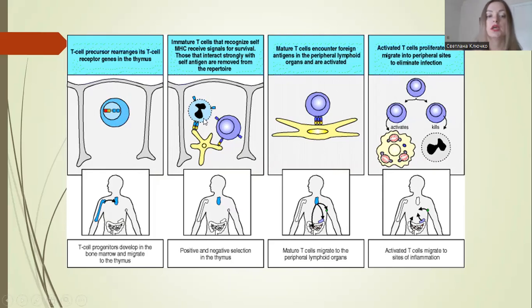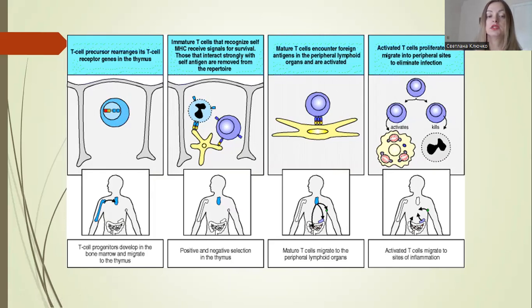So we can say that in thymus, first process is formation of TCR, T cell receptor, and then process of selection. Selection has two stages. First, positive, second, negative. Positive selection.